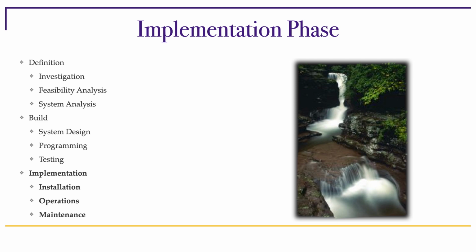So the outcome of the build phase is a releasable software program. So we are done with the IT part of the information system build and implementation. And in fact, implementation is the last phase. It consists of installations, operations, and maintenance.